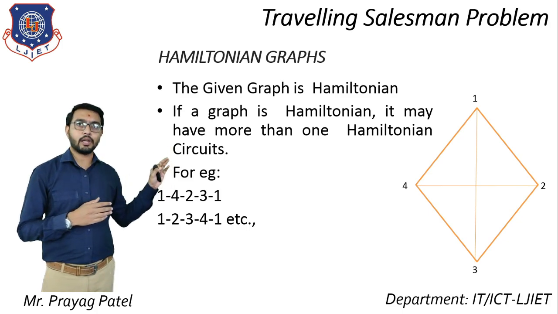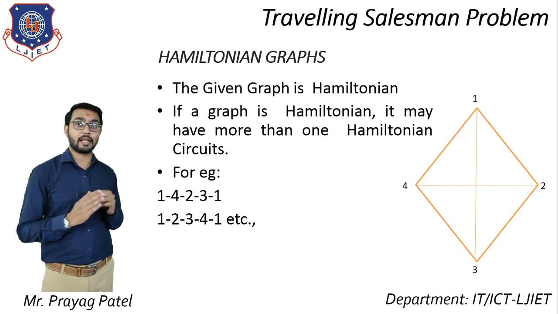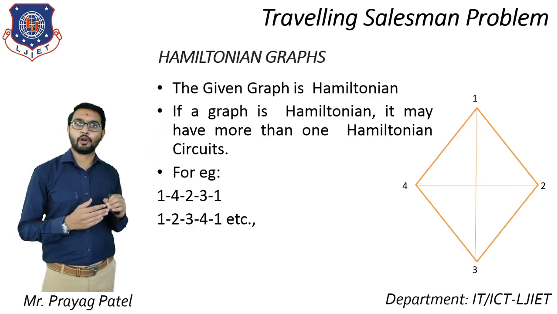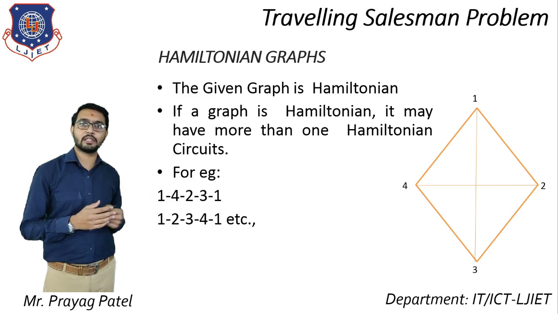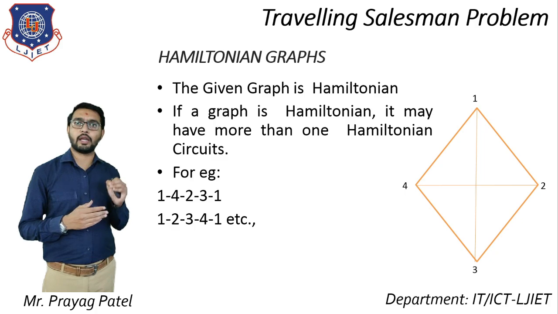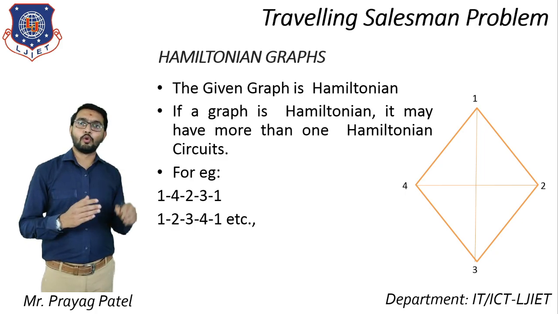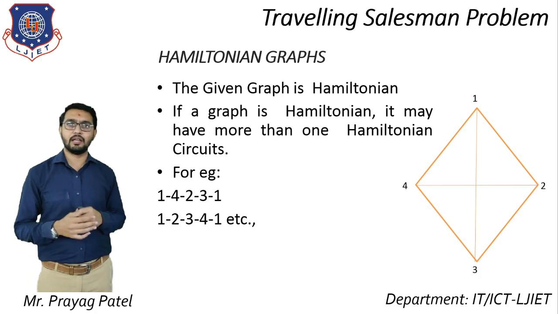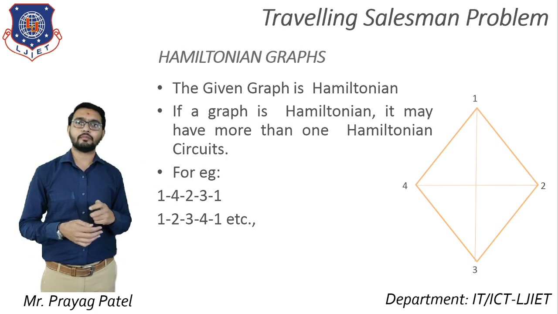Here we consider one path from node 1 to 4, then 4 to 2, then 2 to 3 and 3 to 1. Another path is 1 to 2, then 2 to 3, then 3 to 4 and 4 to 1. So more than one path is available for the Hamiltonian cycle from the given graph.